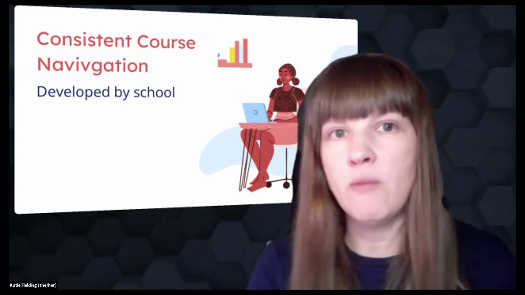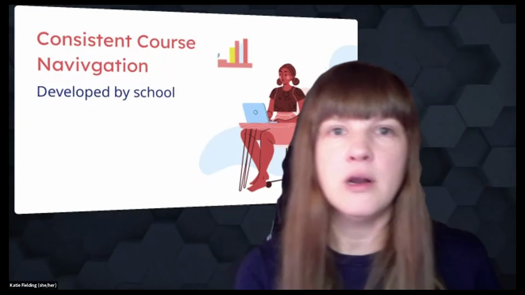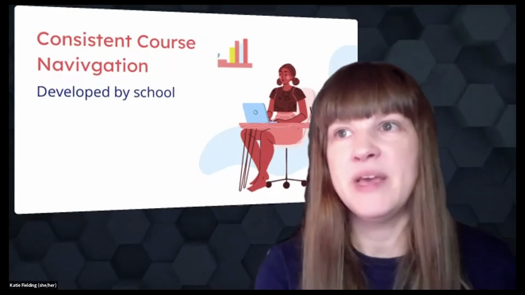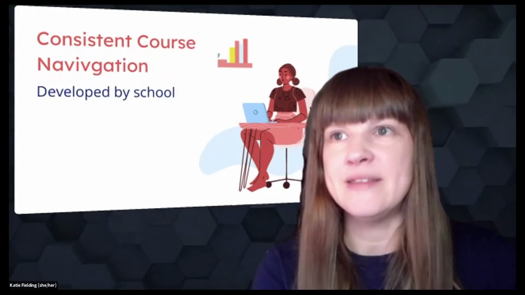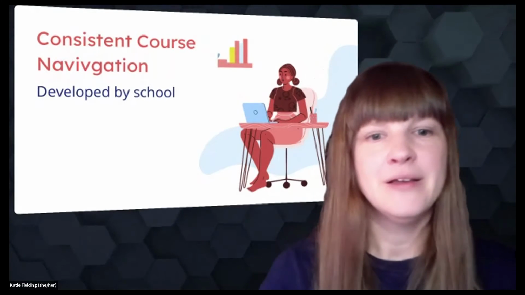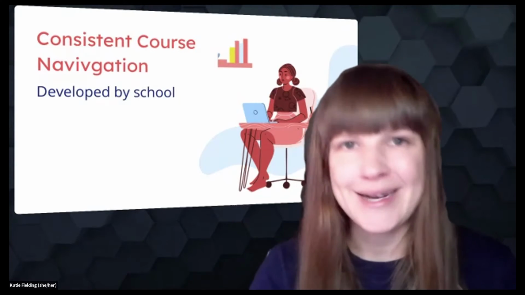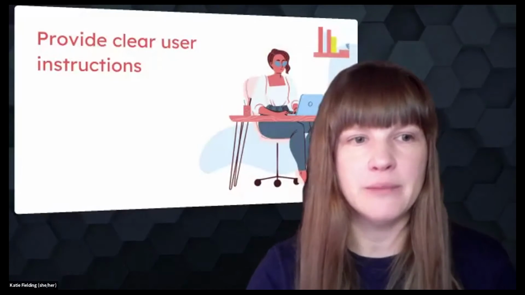This is not just helpful for students using screen readers. We have found this is extremely helpful for our newcomer EL students because they can start to identify those words, they know the order, and they know quickly how to get where they want to go. So create those consistent practices for students to do online.